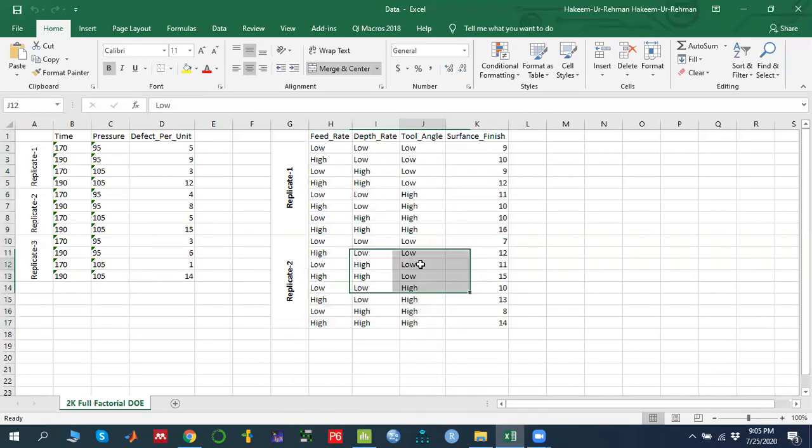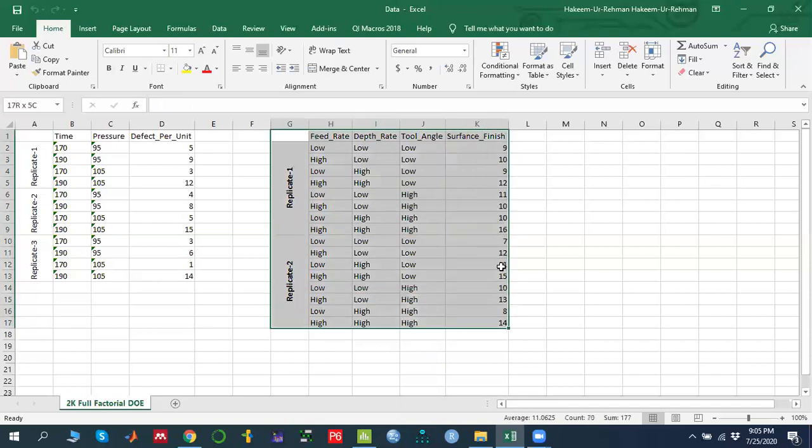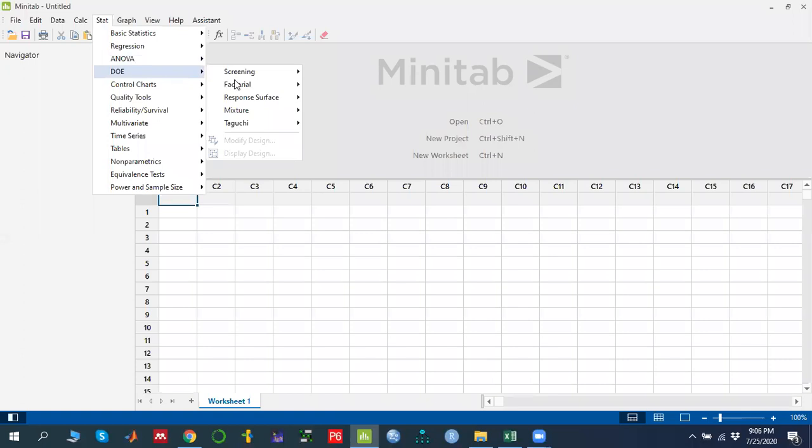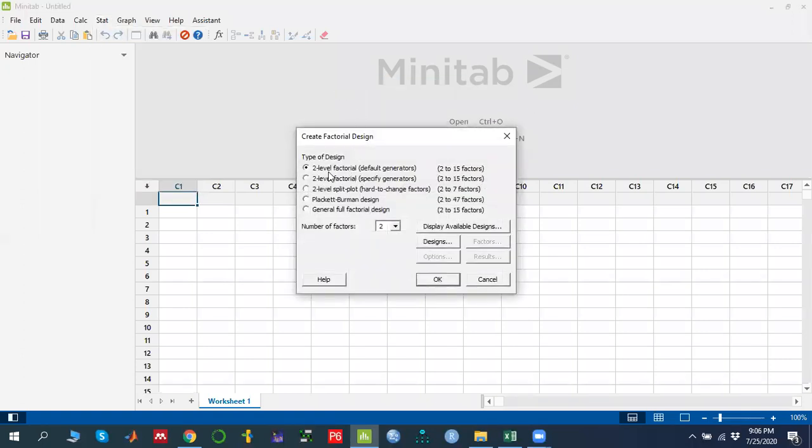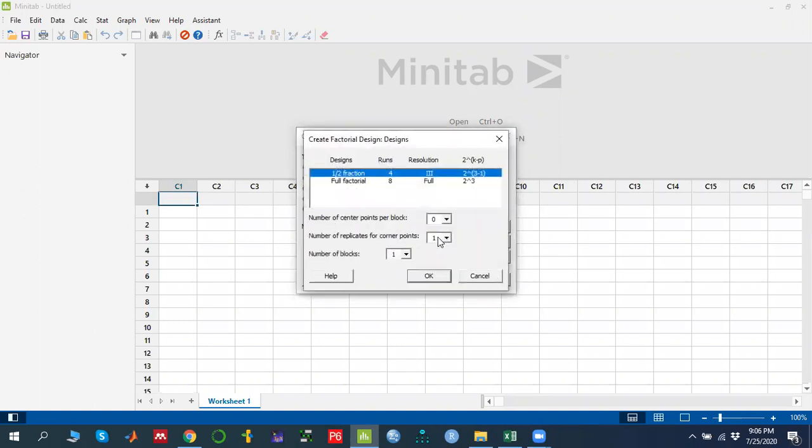First, we will design the design of experiment. In order to do that, we will go to Stat, DOE, then Factorial, Create Factorial Design. For type of design, we will select 2-level factorial. How many factors do we have? We have 3 factors. If we click on Designs, it asks whether you want a half fraction or full factorial.